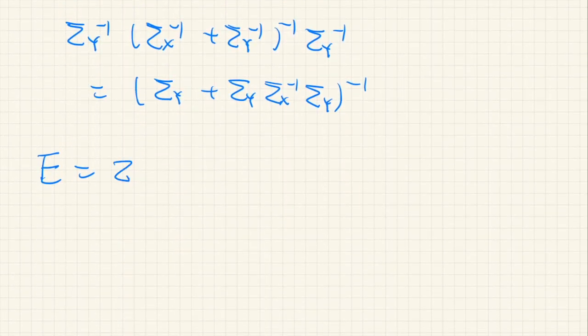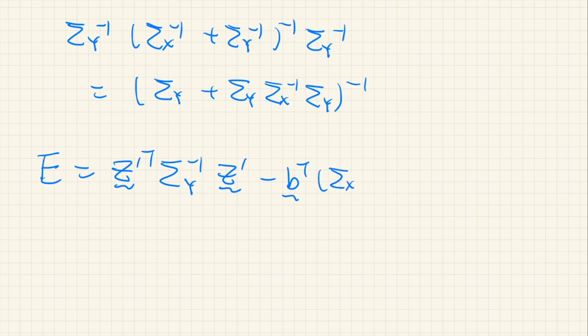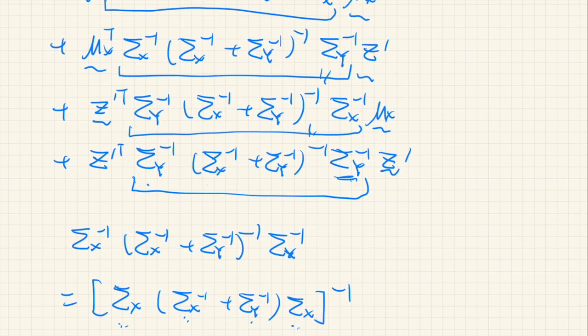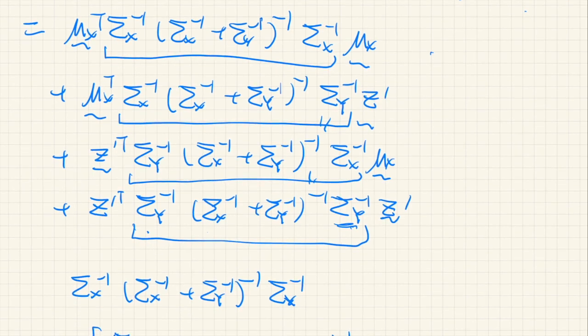Okay. So z' transpose Σy⁻¹ z' minus b transpose, what was it, (Σx⁻¹ + Σy⁻¹) b plus μx transpose Σx⁻¹ μx. So this is equal to, for this part we have this. So let's see.